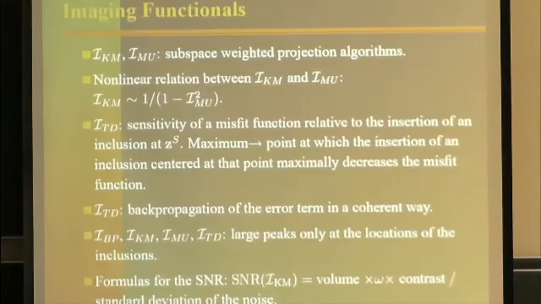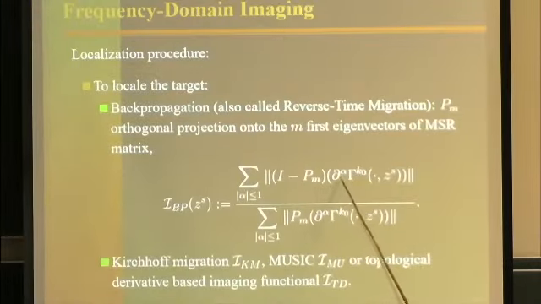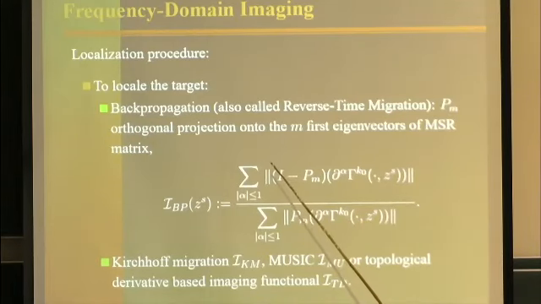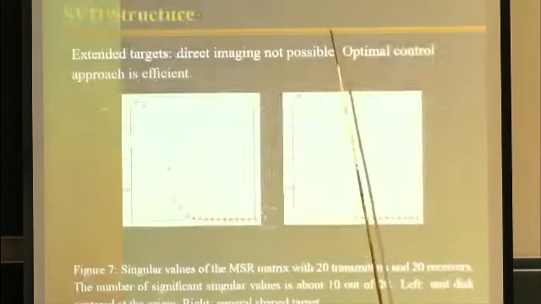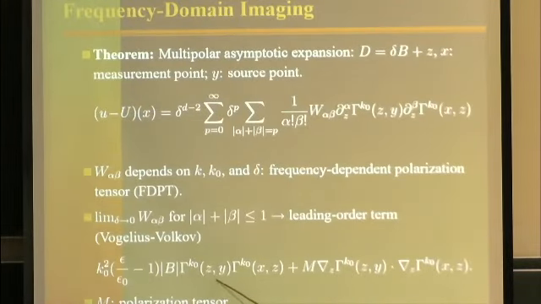Then it depends on your weight, and you can make nonlinear functions, whatever, to get the inclusion. But the main idea is this: if you project the Green function and its derivative, you will never get super-resolved imaging for waves. Why? Because this is just a source plus dipole approximation of the inclusion. So the resolution we get from this is really the diffraction limit, and you can forget it.